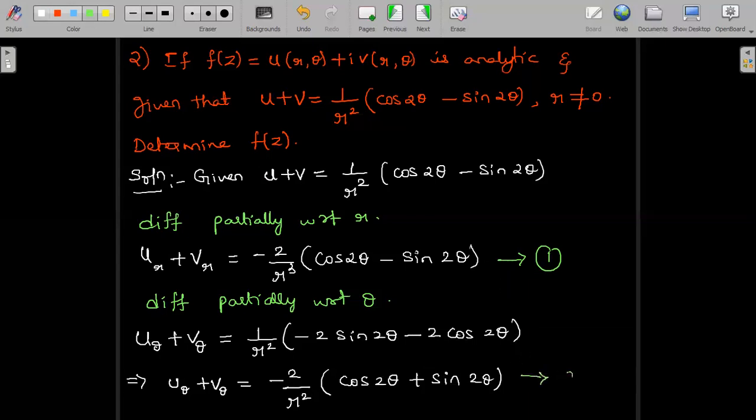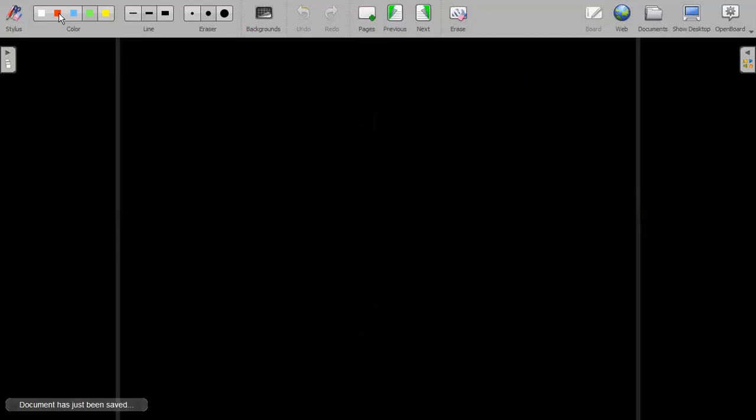Now, what is the next agenda? Using CR equations. Because f of z is analytic, we can apply CR equations in the polar form. So what are CR equations in the polar form? It is given by r ur is equal to v theta and r vr is equal to minus u theta, right? So let us apply CR equations in the polar form.